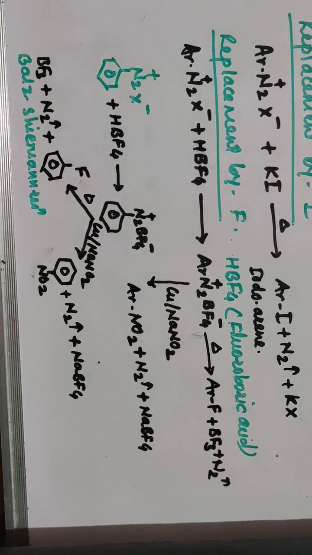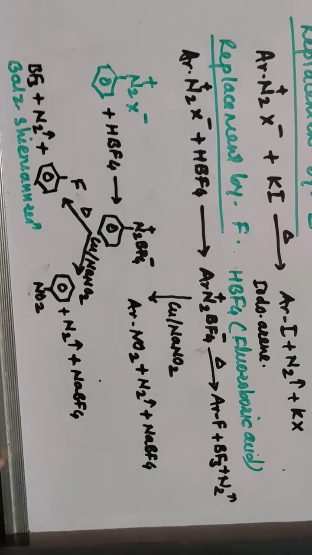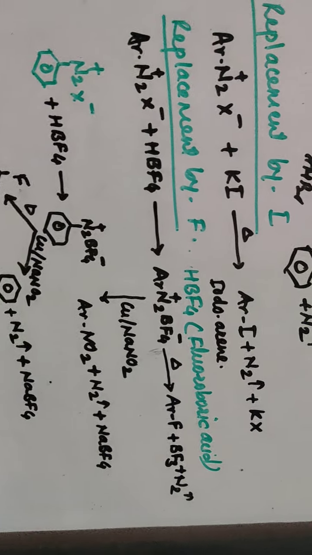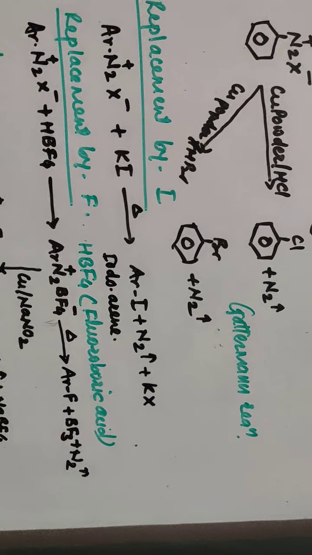When this benzene diazonium fluoroborate on heating gives you fluorobenzene, N2 and BF3, it is the Balz Schiemann reaction. But when the same compound is treated with copper and NaNO2, you will get nitrobenzene also. So this is the replacement by the nitro group and by the fluoro group. The reagent used is the same, and that is fluoroboric acid.